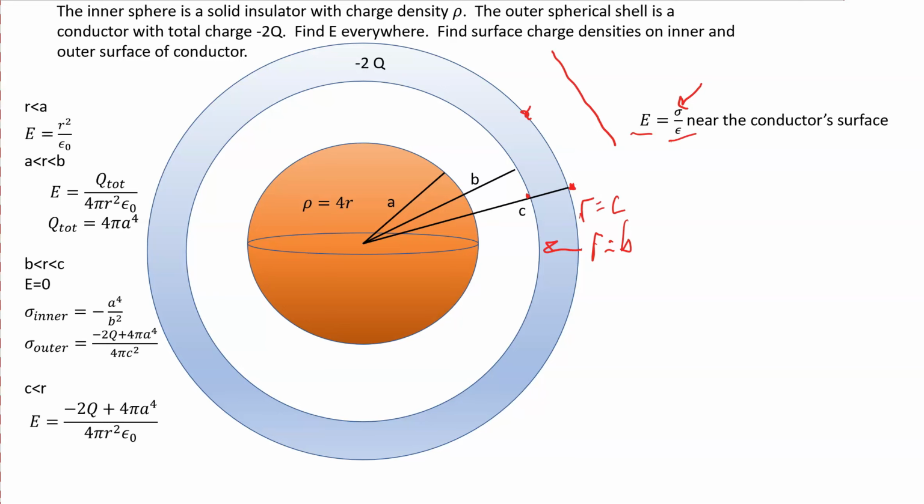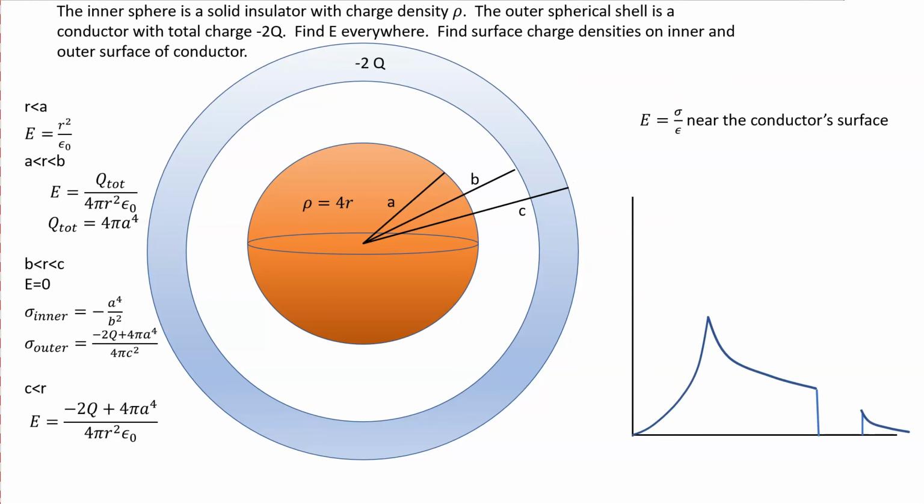The other point I wanted to make is a weirder thing. I wanted to show you a graph of what the electric field looks like, just to show you some things that it does. The first thing is when R is less than big R, so right here, this is inside, the electric field increases. Now, this increases like R squared. There's nothing fundamental about that. That has to do with the charge distribution I picked.